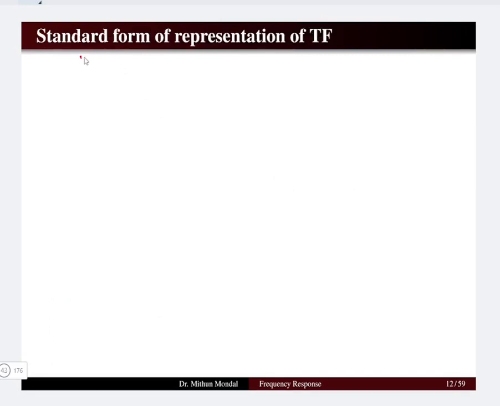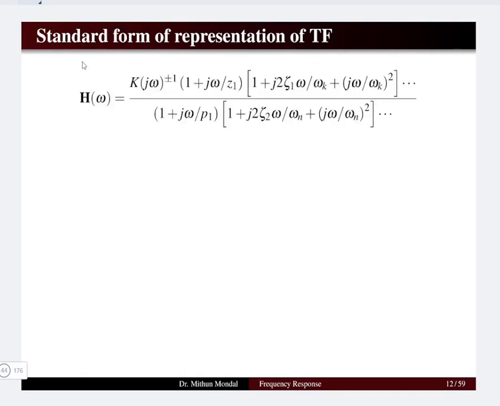Now, the standard form of the representation of the transfer function. In order to obtain the frequency response plot, we need to know the standard form of the transfer function. The standard form looks very complex, but it is made up of certain terms which we are going to see one by one.